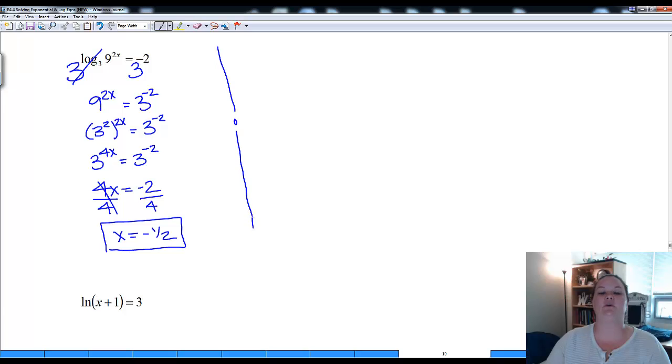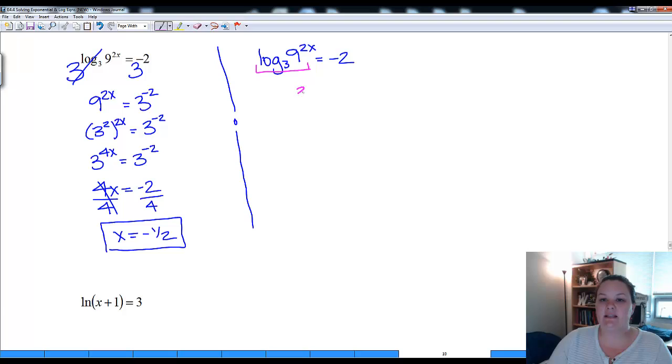Some of you may have noticed it. Instead of getting rid of the log base 3 by using a big exponential base 3, I'm going to start with the same problem. I could notice that right here, I could get rid of log base 3 because 9 can be written with an exponential base 3.